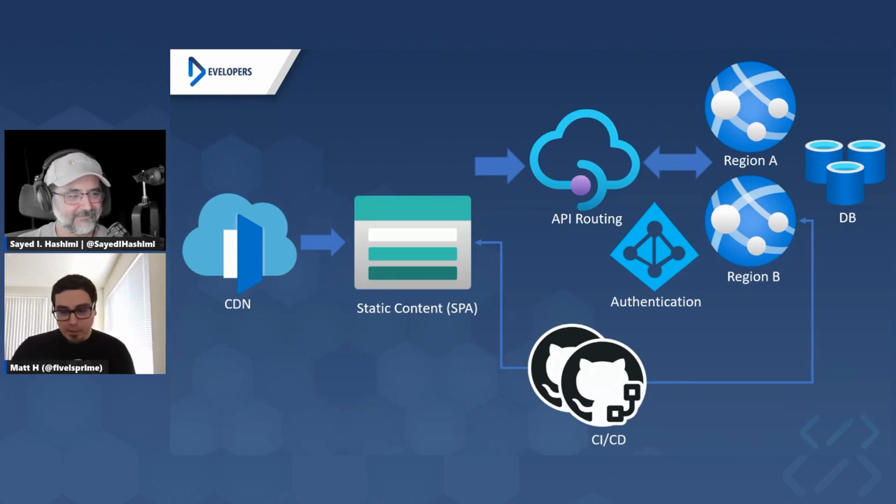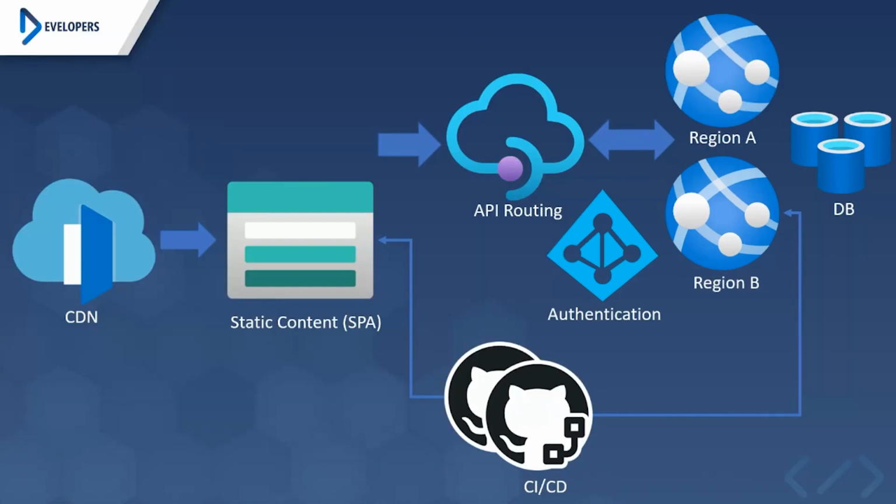So what all of this means in practice is you may have built something that looks similar to this model here, where your static content is stored in a blob storage container. You either FTP that in or you use some sort of custom CI/CD that you've written with GitHub Actions or whatever. You front that with Azure Front Door for your CDN to make sure that front end is globally available.